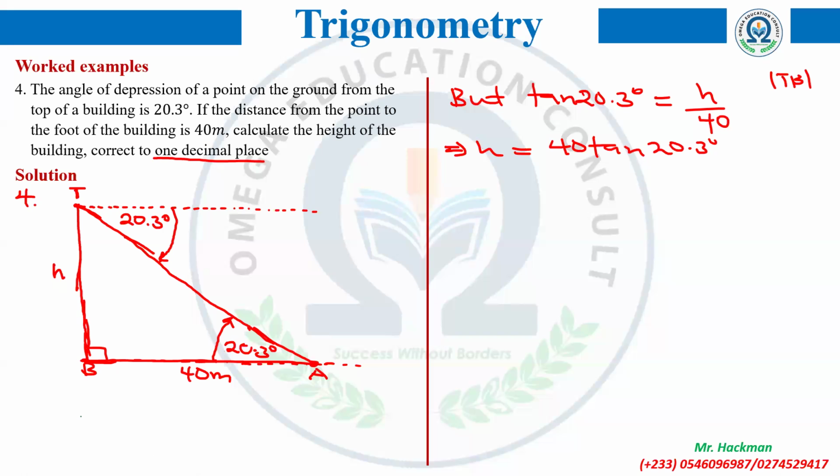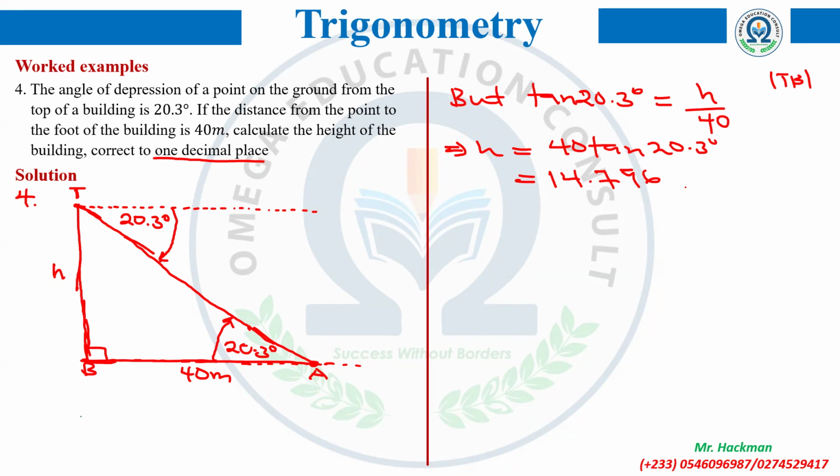I want to rely on you for the result: 40 tan 20.3. 14.8? No, I won't take that as your answer now. 14.5796.